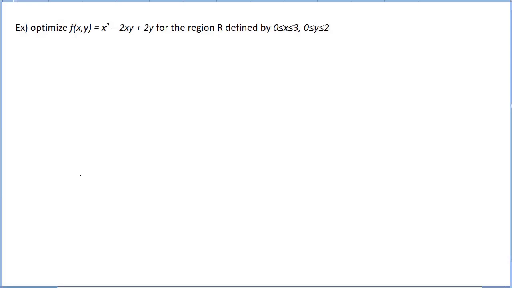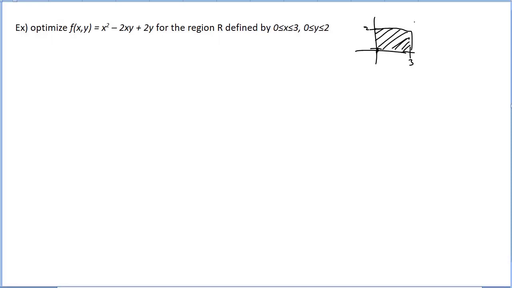So again, a little sketch is going to help us understand how we're going to set this up. So notice that x is between 0 and 3, y is between 0 and 2. So that means that this is our region.